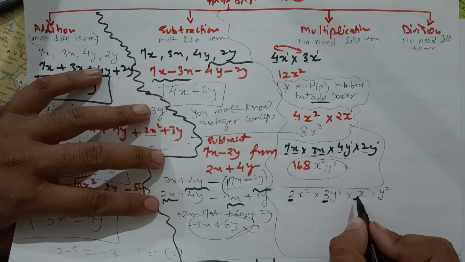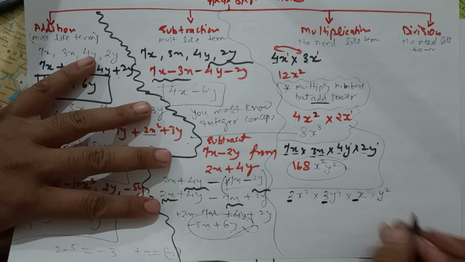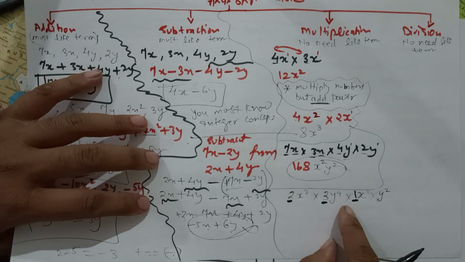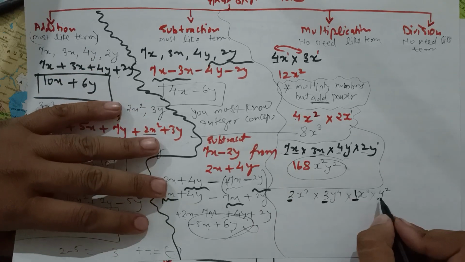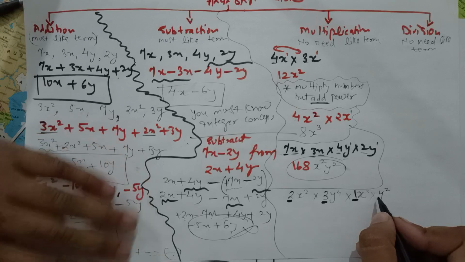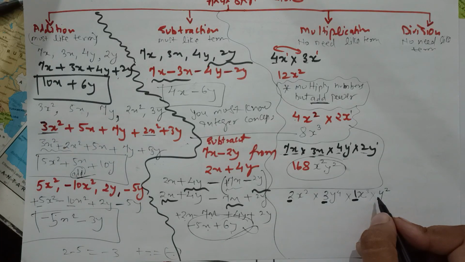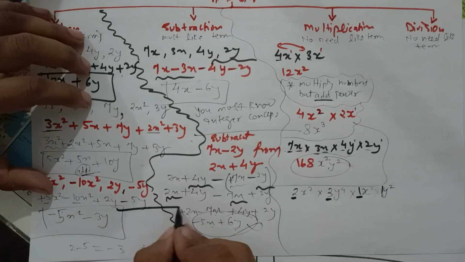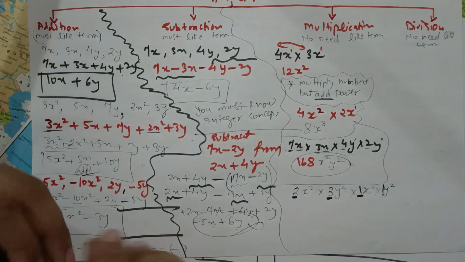Here you are unable to see any number; if you don't find any number, it means it has 1, so it is 1x. And before the y you don't have any number, so it means you have 1y.